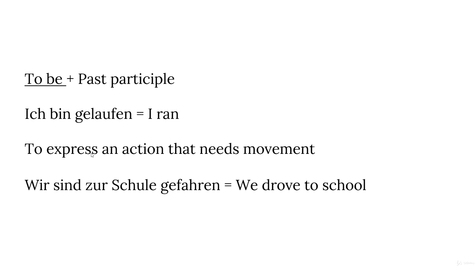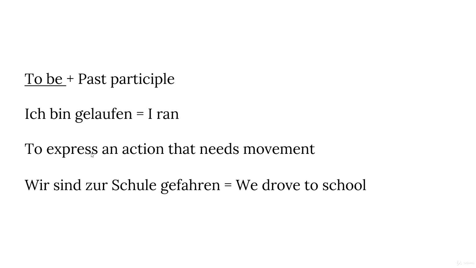I am. Ich bin, and then the form of the verb laufen in the past is gelaufen. So I ran would be ich bin gelaufen. So as you can see, this is literally the only difference. If the verb has movement in it, you use sein instead of haben.